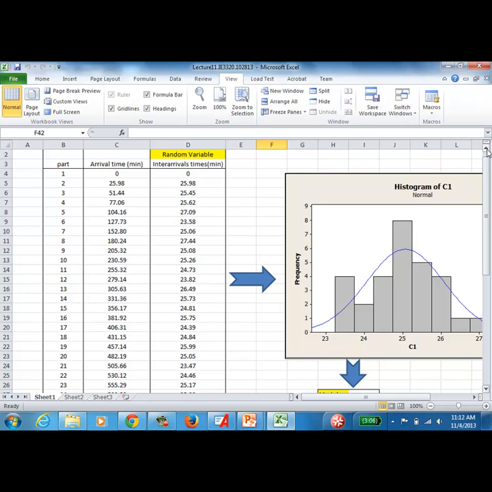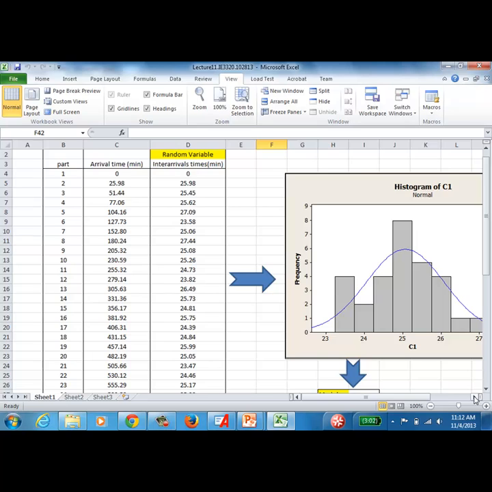Let's say if I have a larger number of parts arriving or the arrivals are shorter, then I know that I'm going to need more people to help me produce these parts. So I might need to hire another person and so on. So we get these inter-arrival times and we plot that information into a histogram.